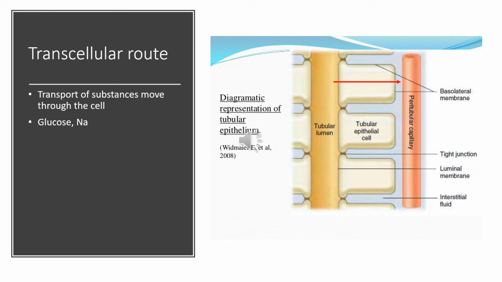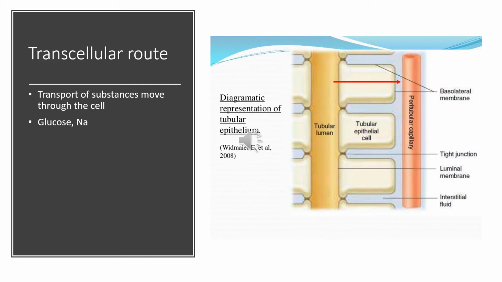In the transcellular route, the substances are transported from the tubular lumen into the tubular cell through the apical surface of the cell membrane. The tubular cell has two surfaces, the apical surface and the basolateral surface. The surface that faces the lumen is called the luminal surface or apical surface, and the surface opposite to it is the basolateral surface.